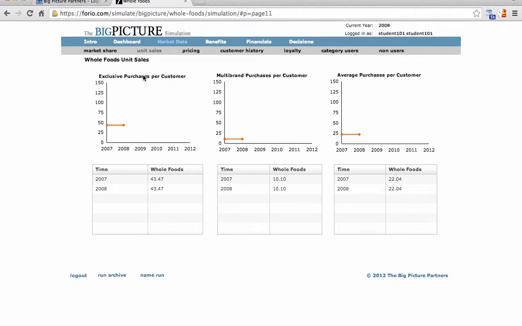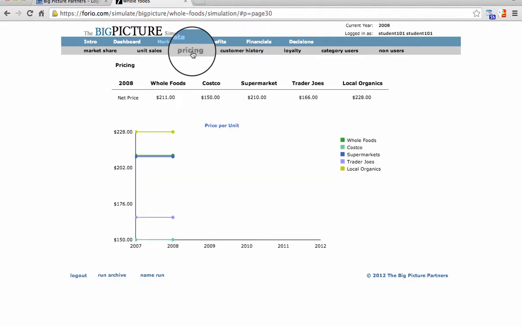We have exclusive purchasers, multi-brand purchasers who shop from our retail outlets and a competitor, and also an average of these two. Again, when you roll over the graphic, you can see the exact number. For pricing, in the case of Whole Foods, this represents the price of an average basket of food at each of the competitors.